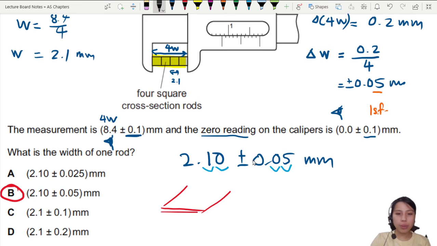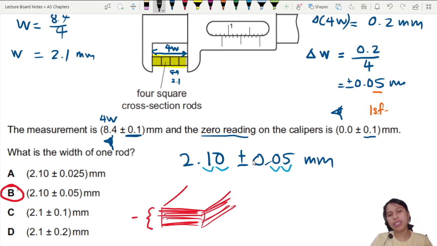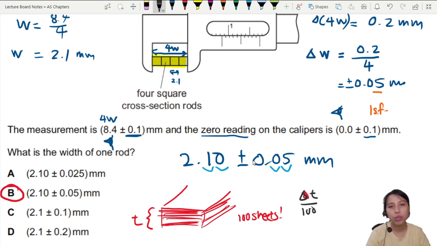But what you could do is you stack many papers. It's like a book, almost A4 paper. Then you measure this height or thickness. Then you divide by 100 sheets of paper. So if I say, oh, I have uncertainty in T, I can divide it by 100 because I have 100 sheets. So that's why we stack multiples to reduce the uncertainty in a single value.